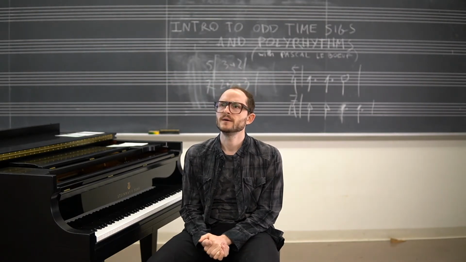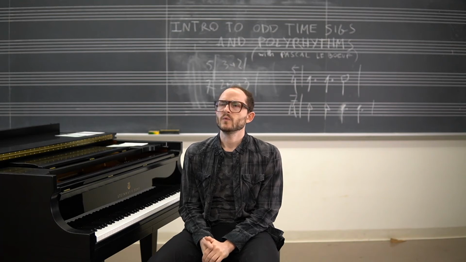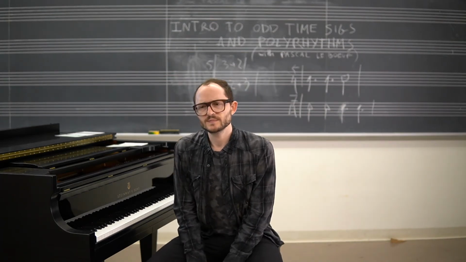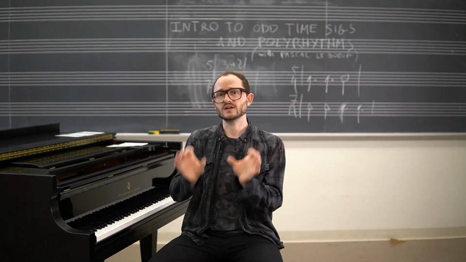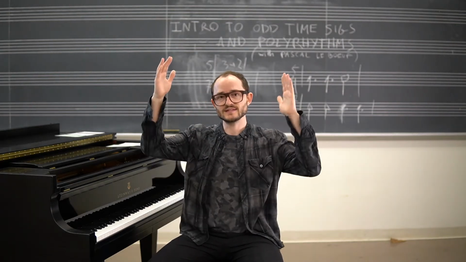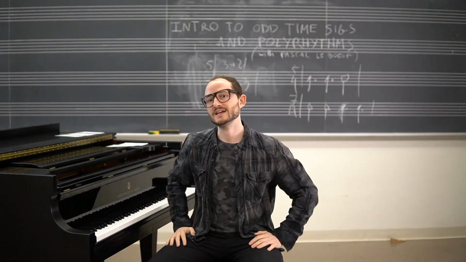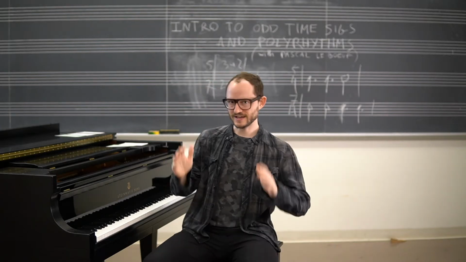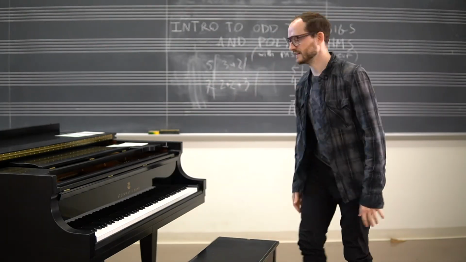So what this means is specifically pulses, so regularly occurring beats are happening within the same period, but maybe a different number of pulses within that period. It would look something like this.